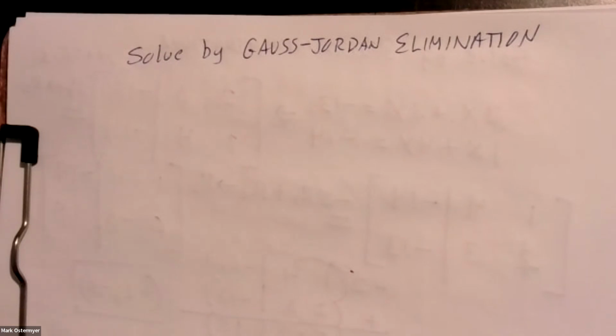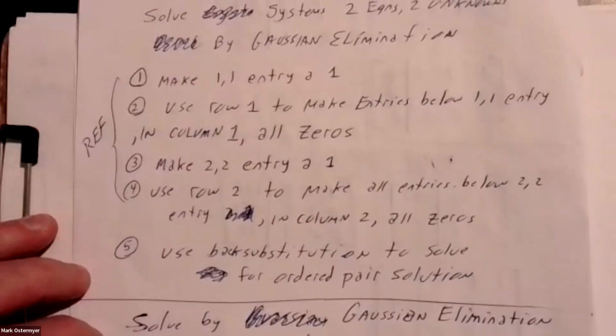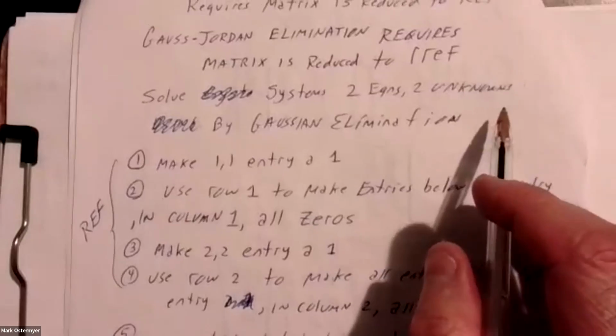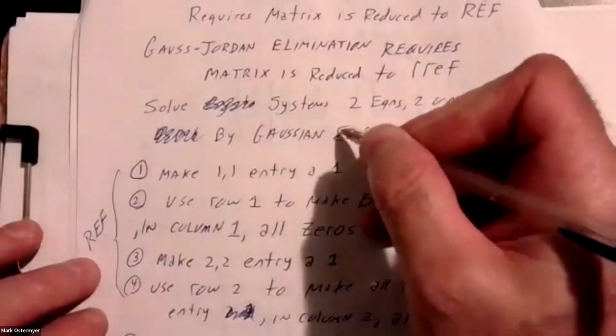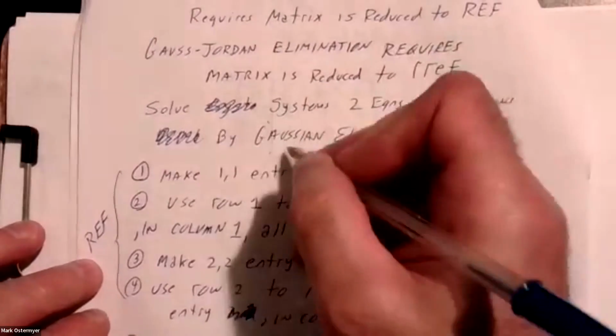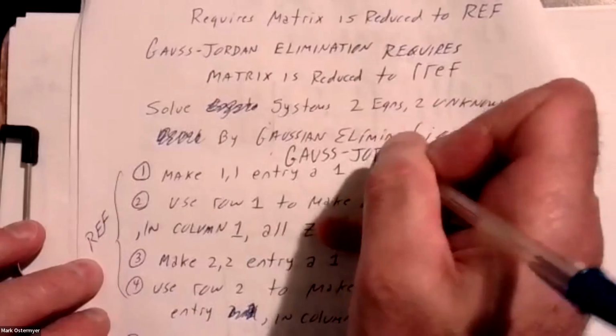Now, with Gauss-Jordan elimination, we have to add another step. So, ladies and gentlemen, how would I solve a system of two linear equations and two unknowns using not Gaussian elimination, but what is called Gauss-Jordan elimination?